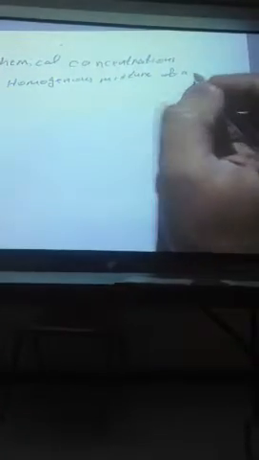It's a homogeneous mixture of solute and solvent. So the solution is a homogeneous mixture of solute and solvent. Now, when the solvent is water, we call it aqueous solution.